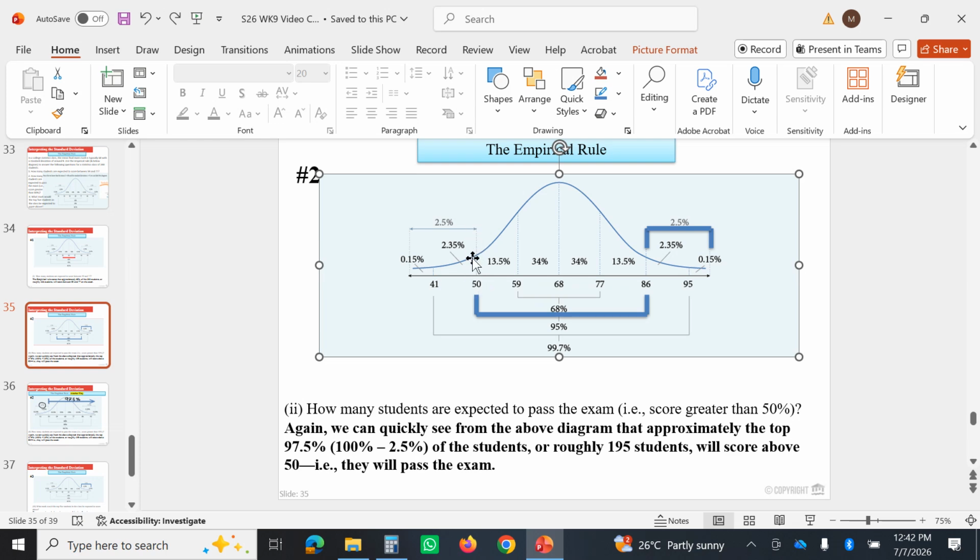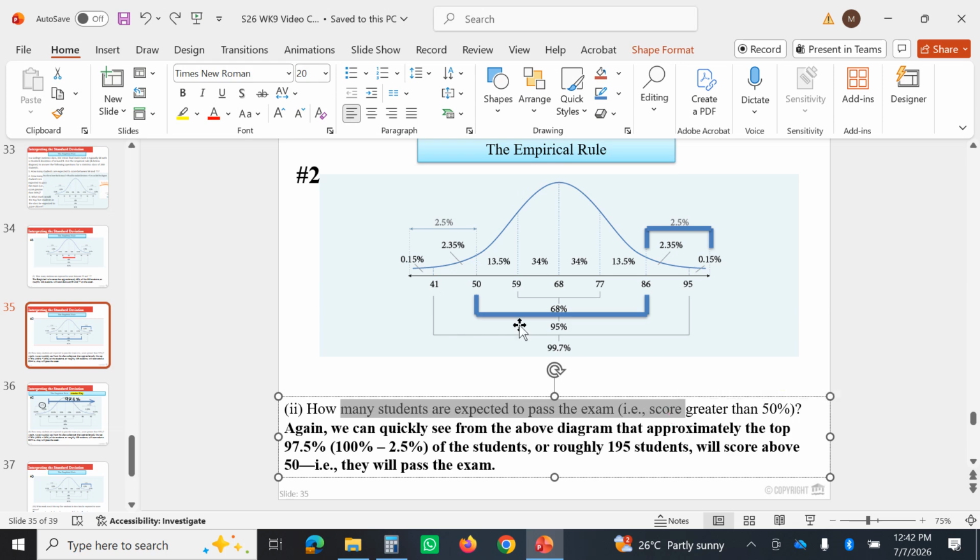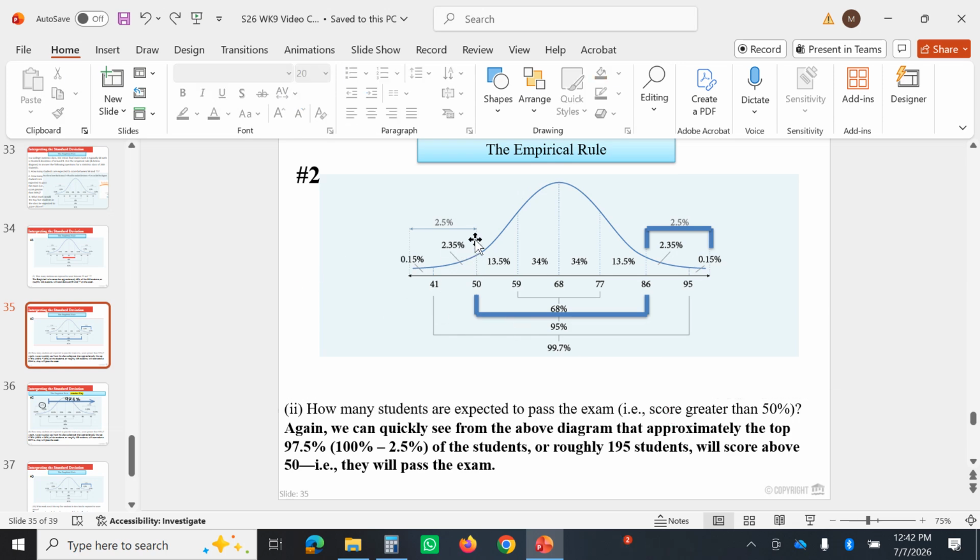So that means everybody to the right passed. Everybody to the left, because their scores are lower, they failed. So the question is asking how many students are expected to pass. So I want to know how many students are over here, right?